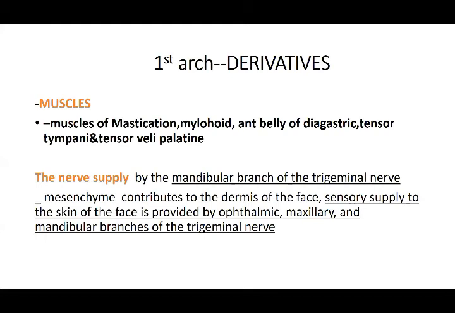The important thing to remember is that the trigeminal nerve is going to continue its nerve supply whether the muscle stays at the same position where it developed or shifts to another site. Anything originating from the first arch is going to get its nerve supply from the trigeminal nerve, whether it stays at its point of origin or shifts elsewhere.